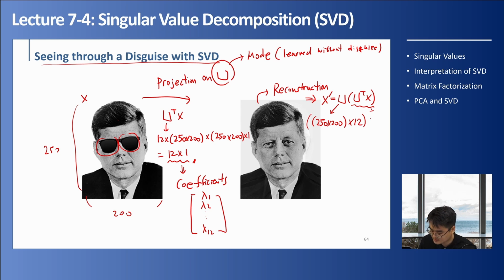And U transpose X has the size of 12 by 1. So if we multiply these two, we're going to have a 250 times 200 sized vector, which we can reshape to an image here. And the meaning of this is that we're doing a reconstruction, the sum over i equals 1 to 12 of lambda_i and u_i, where this lambda_i was solved here.